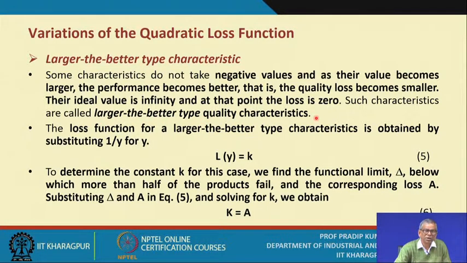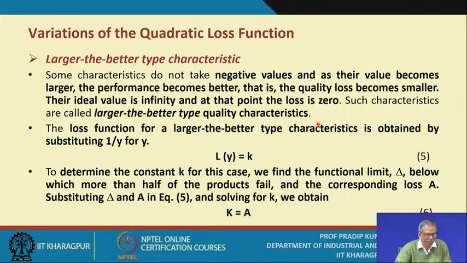It's clear. Like in a typical service organization, the service quality should be as high as possible. Is it okay? So theoretically speaking, for larger the better type characteristics, the value you have in your mind of the quality of service may go up to the infinite level.